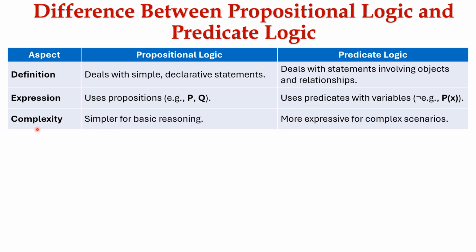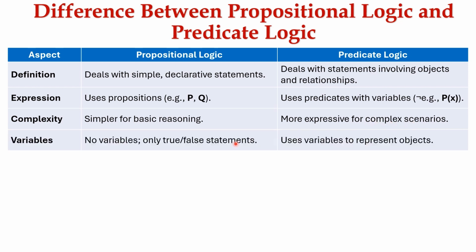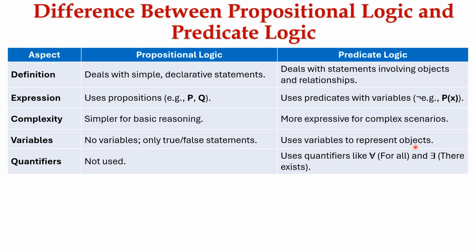With respect to complexity, propositional logic is simpler for basic reasoning, whereas predicate logic is more expressive for complex scenarios. With respect to variables, there are no variables in propositional logic, only true or false statements. In predicate logic, it uses variables to represent objects.